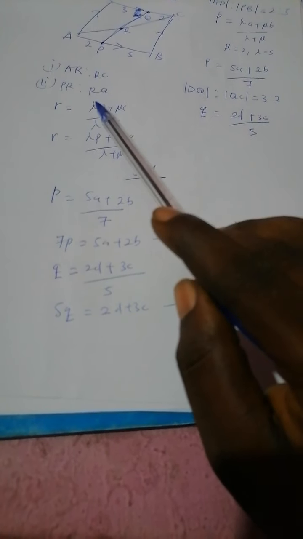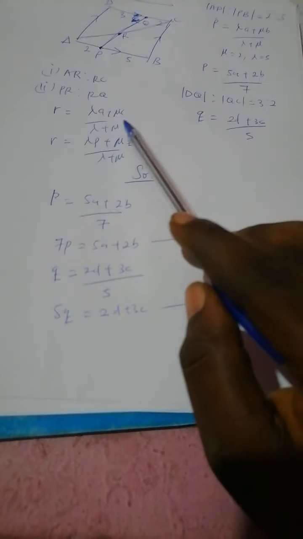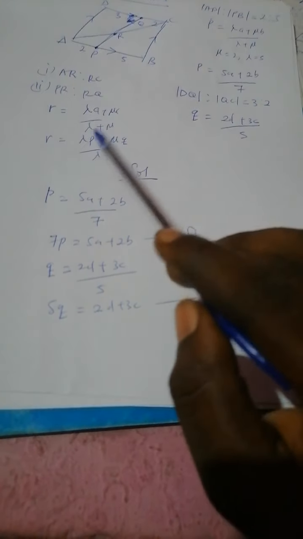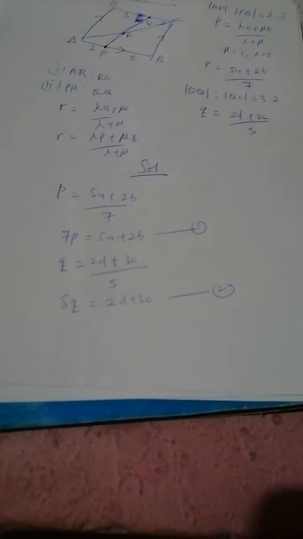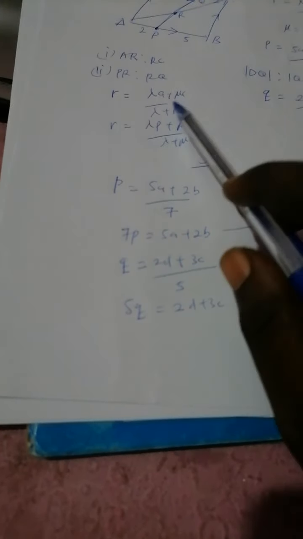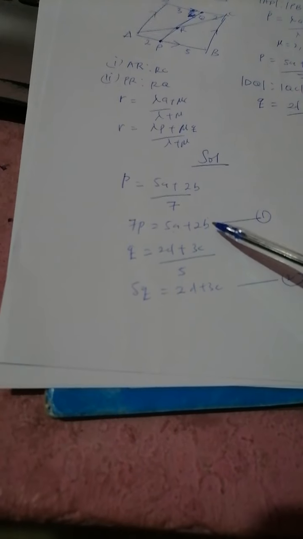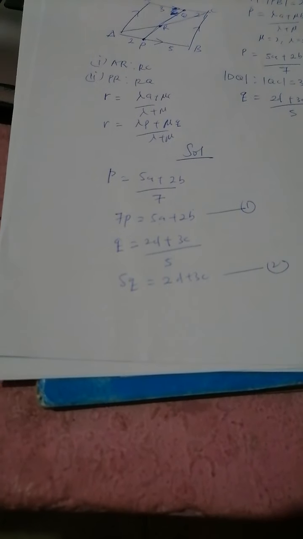So we want to find a particular number times A plus a particular number times C over the sum of these two numbers. That's what we are aiming at. So we are interested in A and C, and we're interested in P and Q. But from equations 1 and 2, we have A, C and P, Q here, but we don't need B and D, so we have to find a way to get rid of B and D, right?